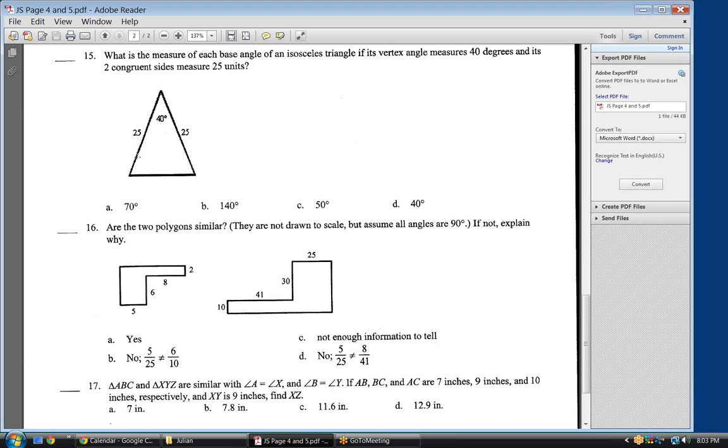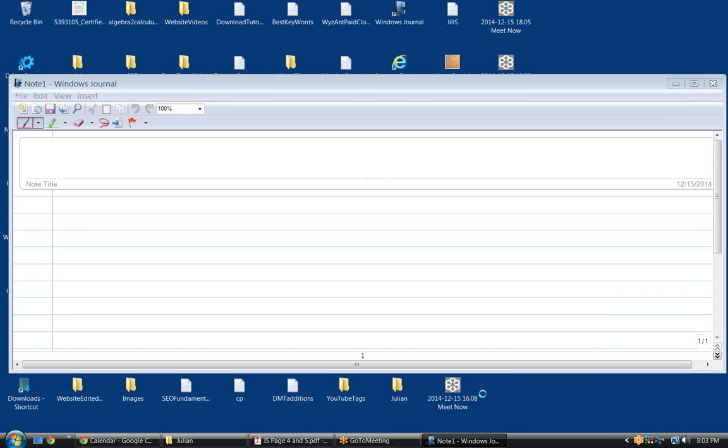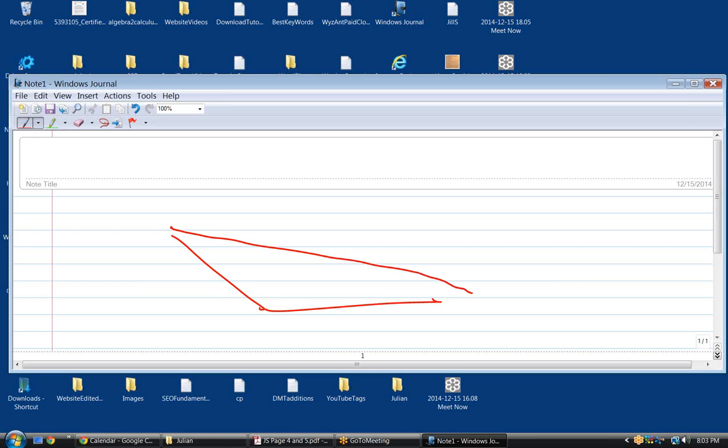Now when I say the side opposite an angle, you know exactly what I mean? Here, let me draw some triangles. The side opposite angle A?